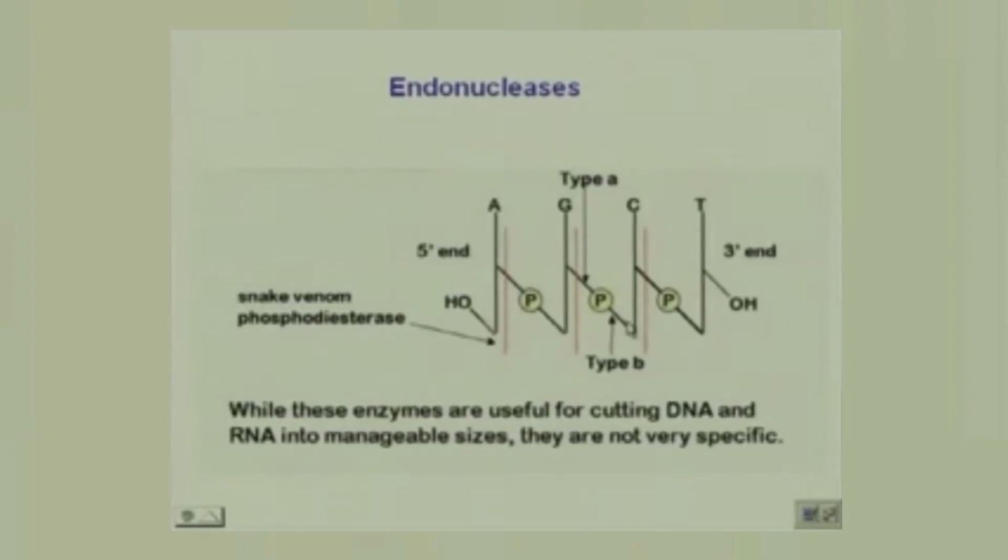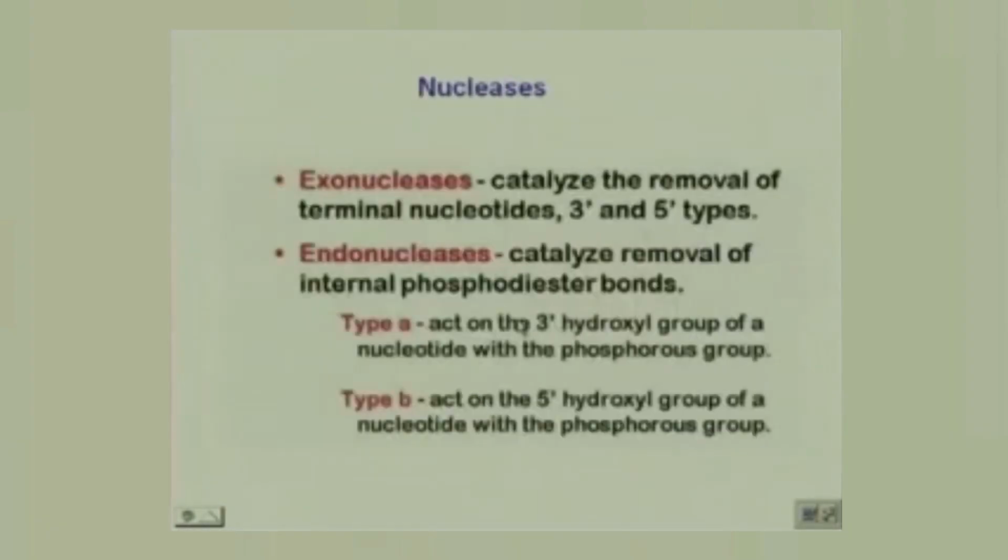This is the 5' of C. Are you following? We have A, G, C, T in this sequence. We have a 5' end for each and a 3' end for each. This is the 3' end of the G.